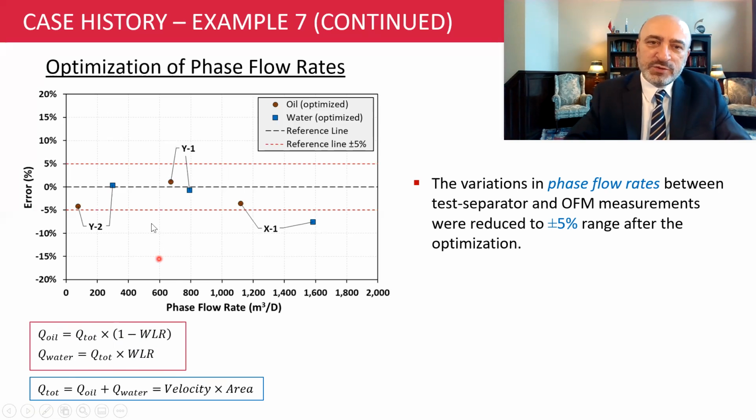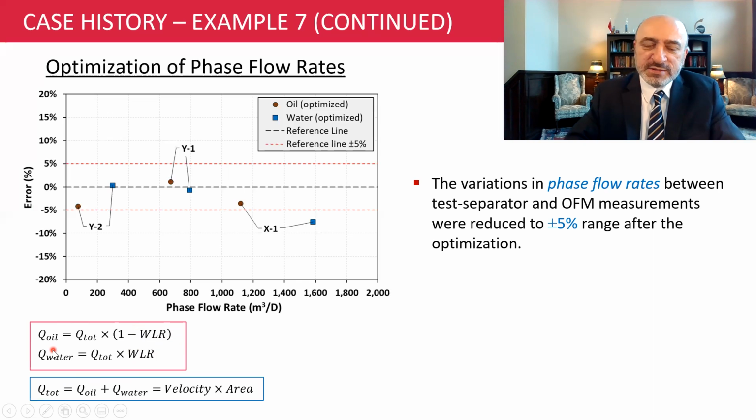Now, before I comment on the percentage errors, I would like to point out the differences in the errors between the water cut measurement and the phase flow rate measurement. On the previous slide, we have seen that the water cut uncertainty or the error was brought down to within plus minus 1% for all the wells. Now, that doesn't necessarily mean that we are going to get the same level of error for the phase flow rates.